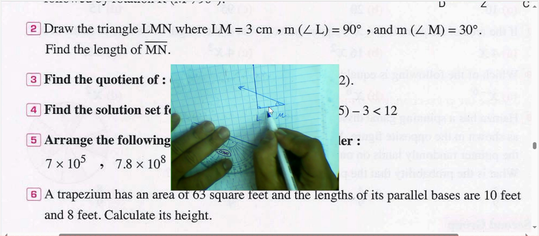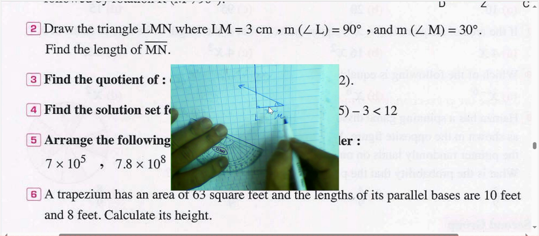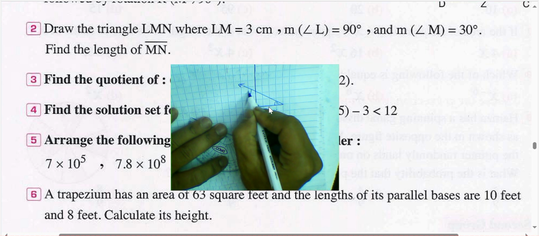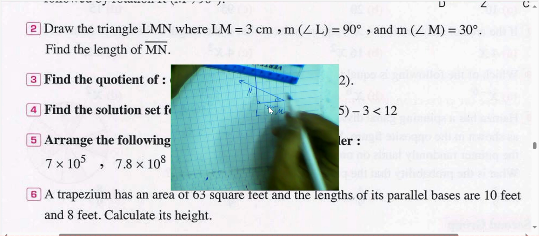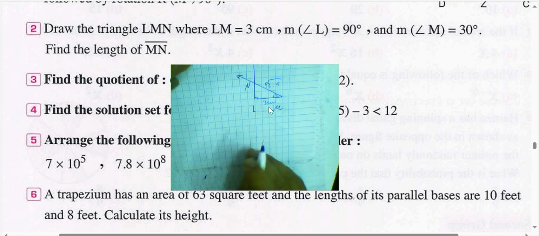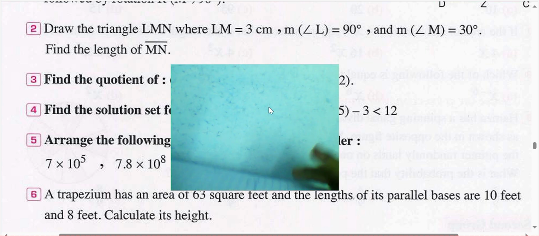LM is 3 centimeter, and this 90. We want to find the length of MN. We can use the ruler to find the length. It will be 3.5 centimeter. Okay. Next question.